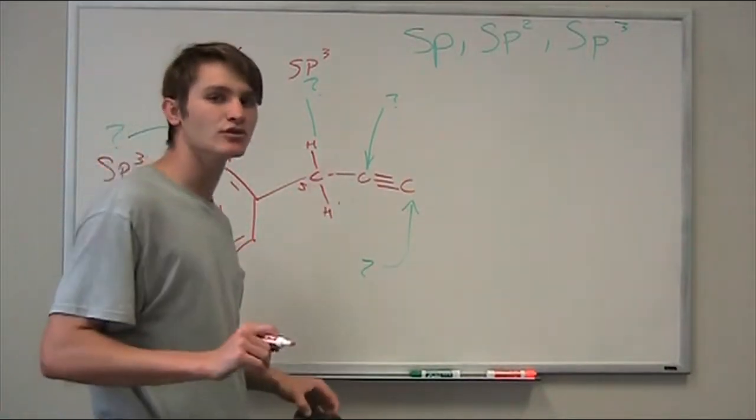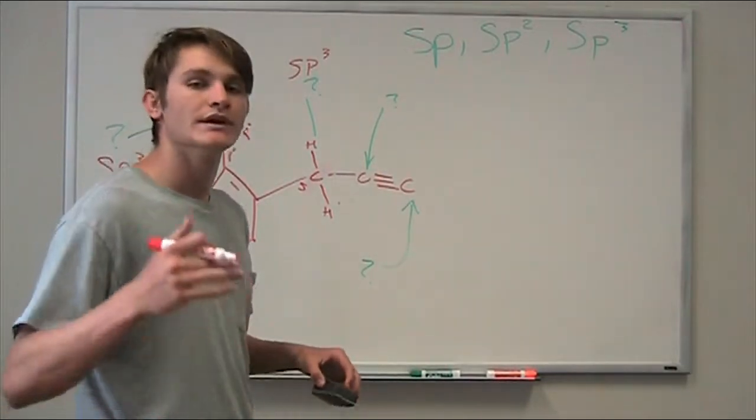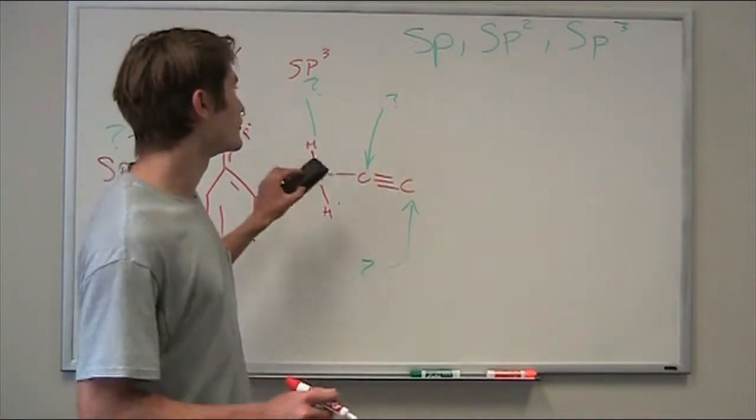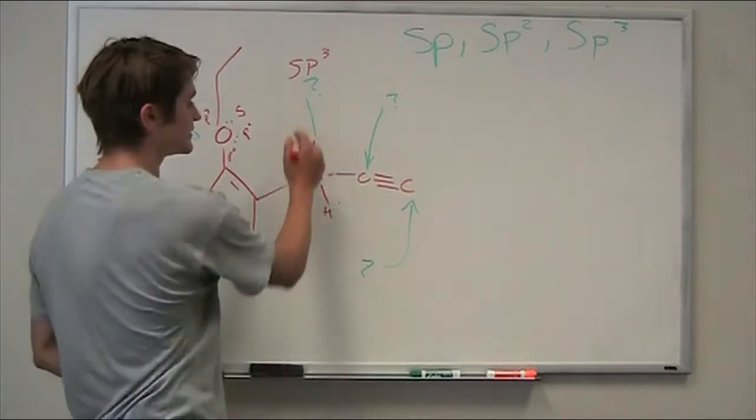It's also tetrahedral. We'll get into molecular geometry next video, and there I will show you exactly the importance and how you can identify the molecular geometry through the orbitals. So this one's the sp3.